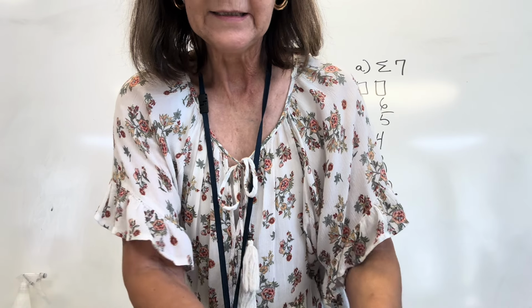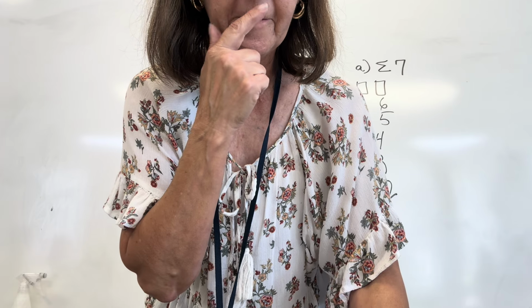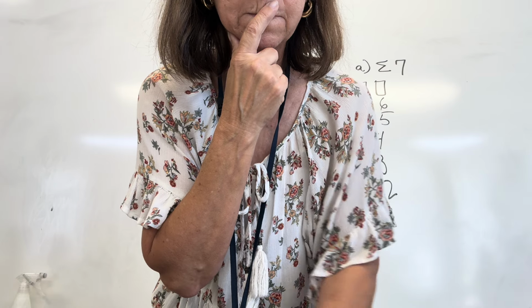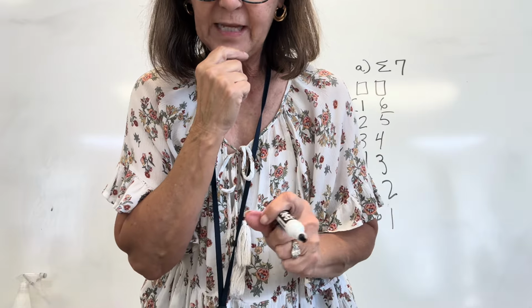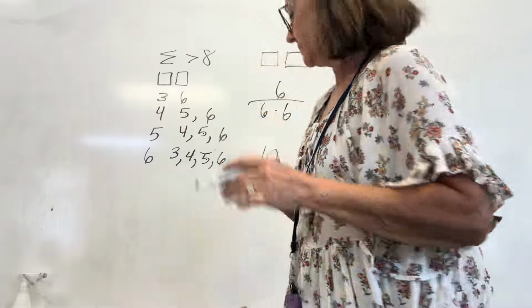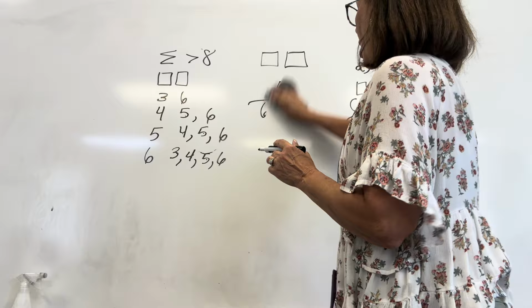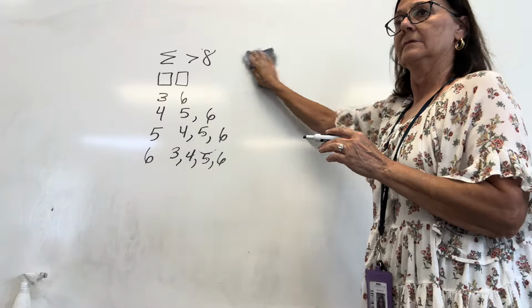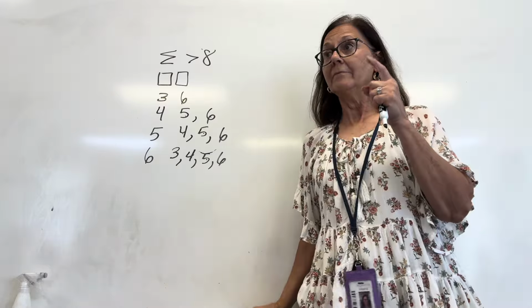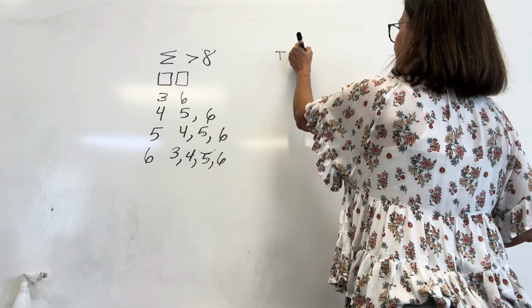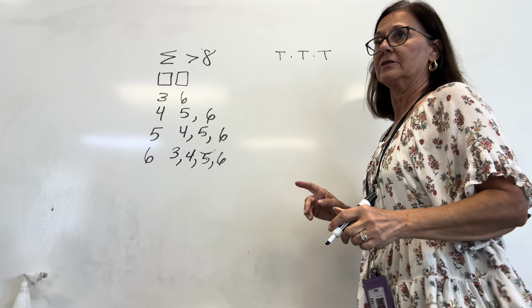And then the last example we are going to go over is number 17. A fair coin is tossed 3 times. So I'm tossing it 3 times. Are those independent events? They are, so I am multiplying. All right? So I toss times toss times toss.